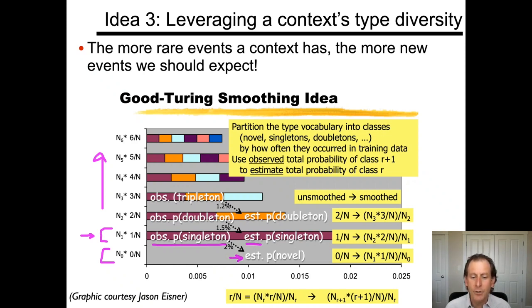And you replace the estimate of singleton events in the context with the information you have about doubleton events that have occurred twice. There's some fancy math that you have to use to make this distribution proper again. But that's the fundamental idea: you push down probability mass for a given context from events to as if they were of a slightly different count.